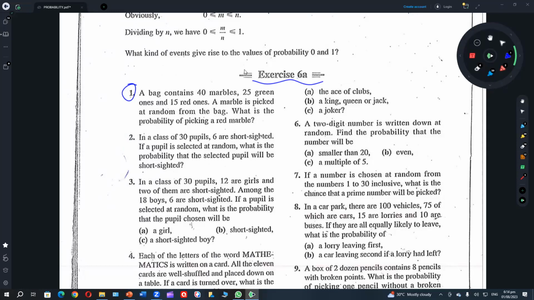Orally, you can tell me the answer. So it's 15 over 40.